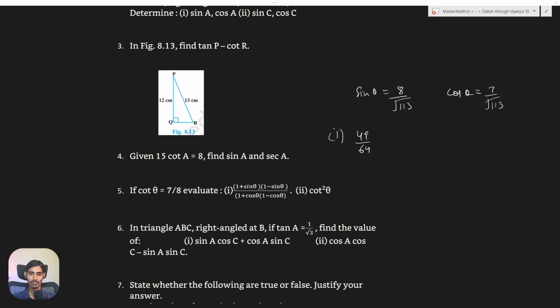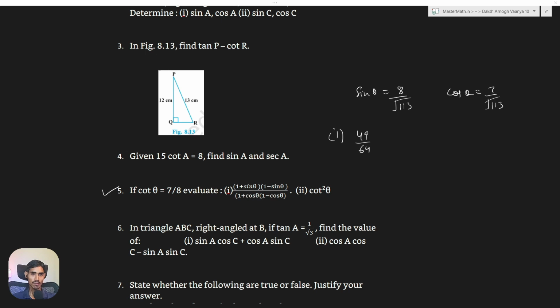Sir, which question are we doing? Fifth. Amog, you got the sine cos values. Explain us what to do.